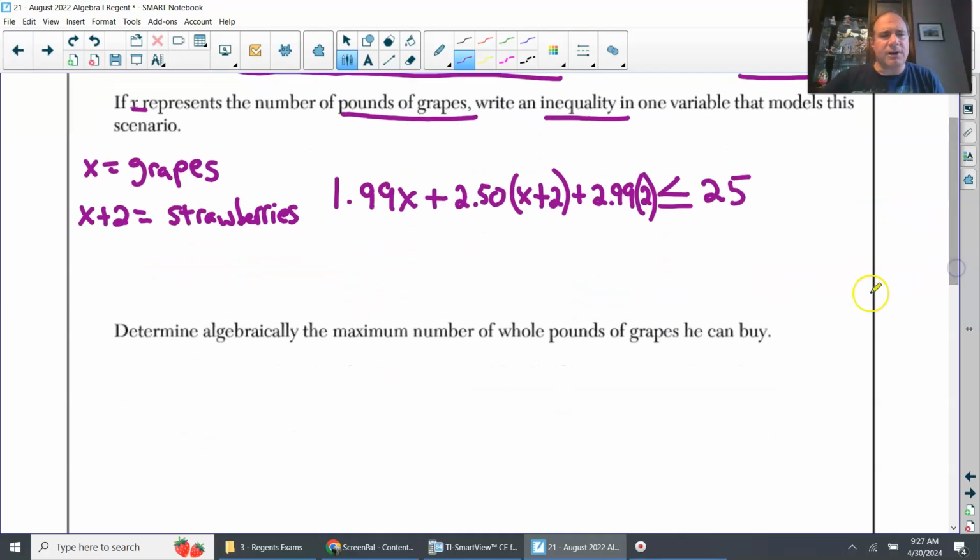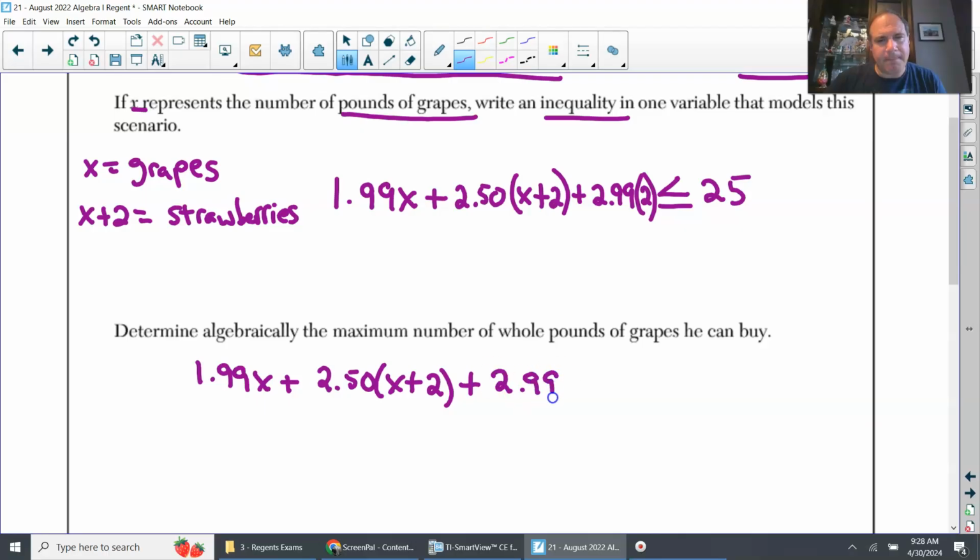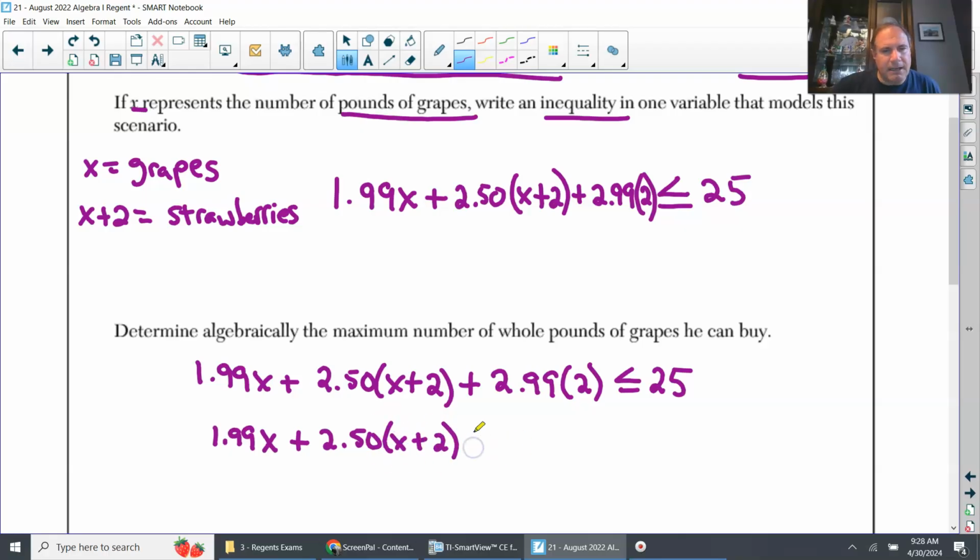So now it says determine algebraically the maximum number of whole pounds of grapes that he could buy. So I'm just going to rewrite this down. And the first thing that I'm going to do is clear up that 2.99 times 2, and put that directly into my calculator. 2.99 times 2 is 5.98.